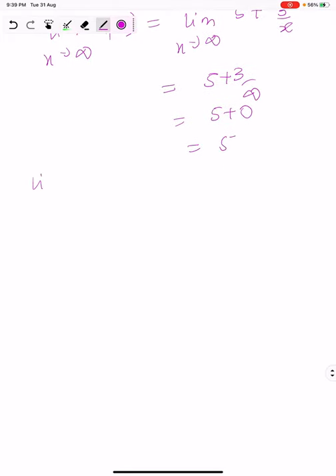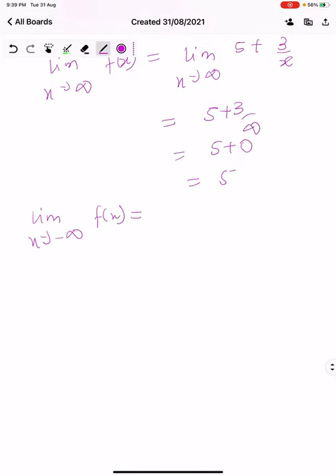Then we find the limit as x approaches minus infinity of f of x, and this is equal to the limit as x approaches minus infinity of 5 plus 3 over minus infinity. This is equal to 5 minus 0, which is equal to 5.